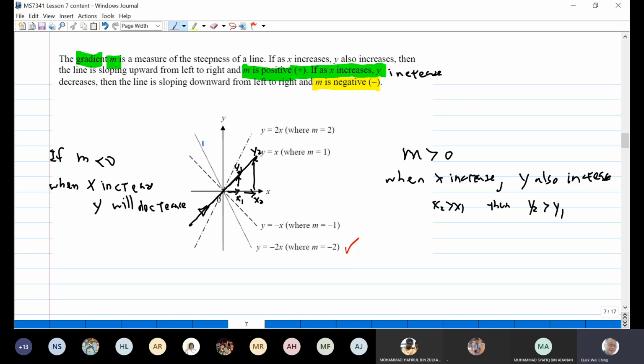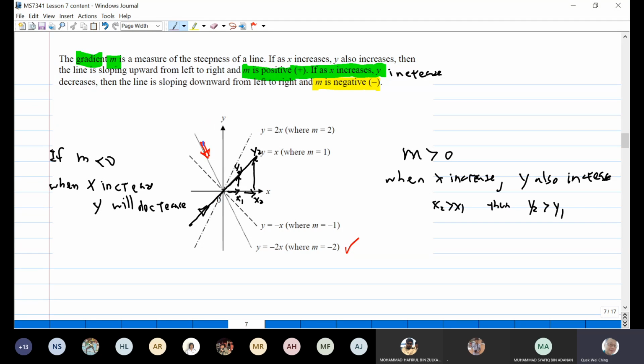Okay, and here, this line, when x goes, the value of y goes down. So actually this is going down. Okay, you can see the direction. The straight line goes down when you move to the right.